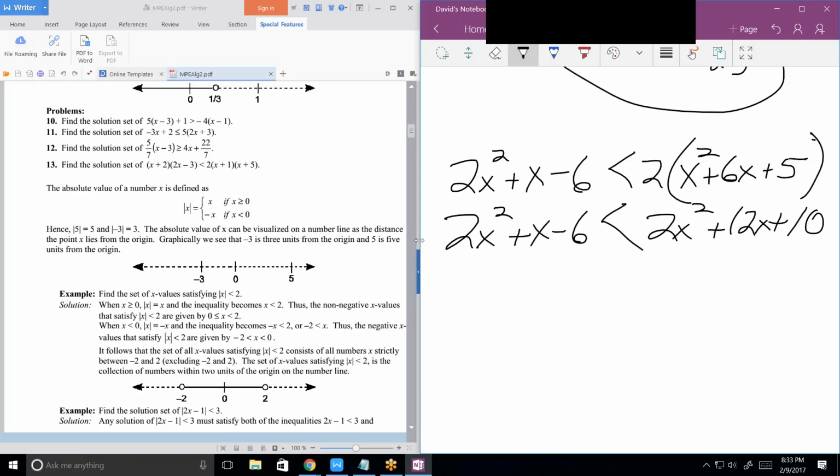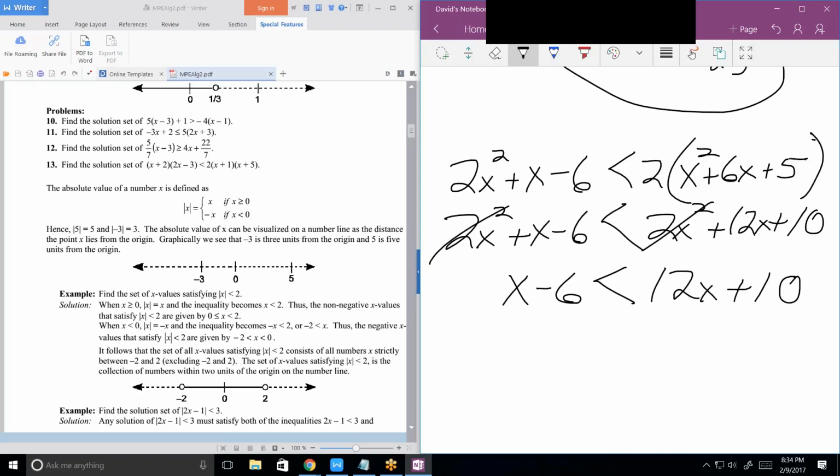If they were multiplying something, I couldn't do that. But the fact that they're being added to something, well, I can always do that. I can always cross that off and it leaves 0 behind. So now I'm left with x minus 6 less than 12x plus 10.